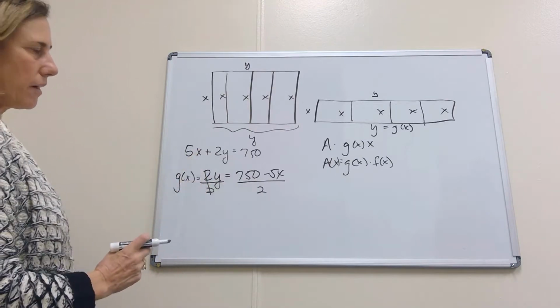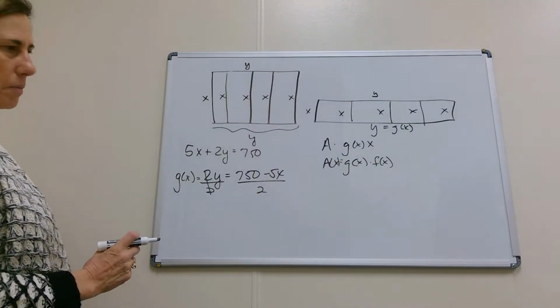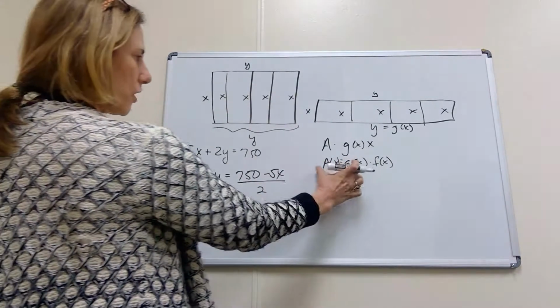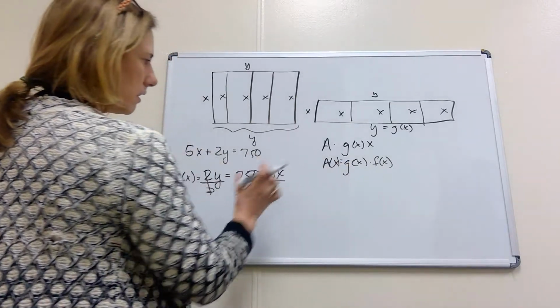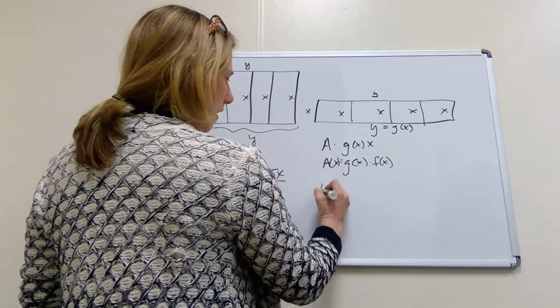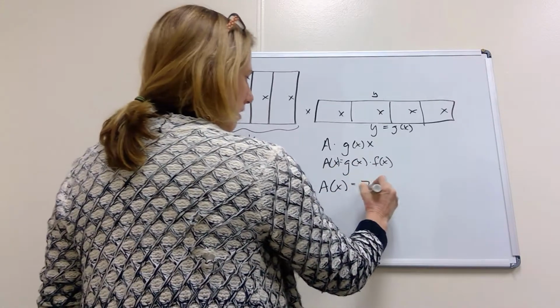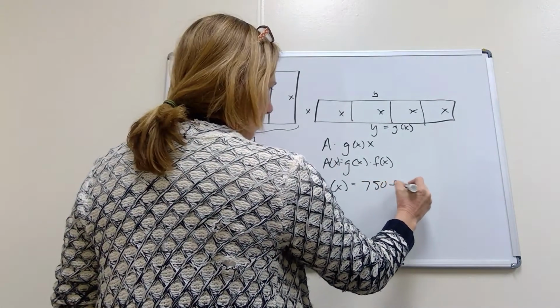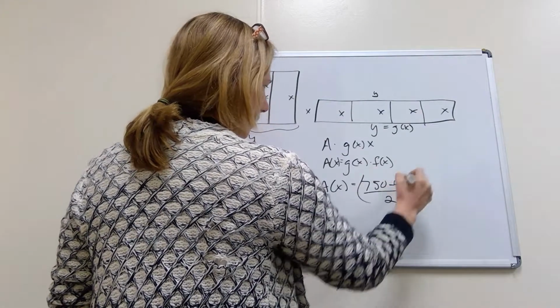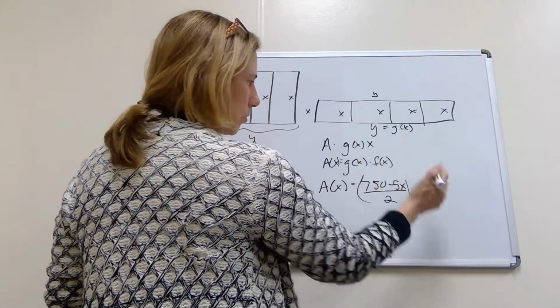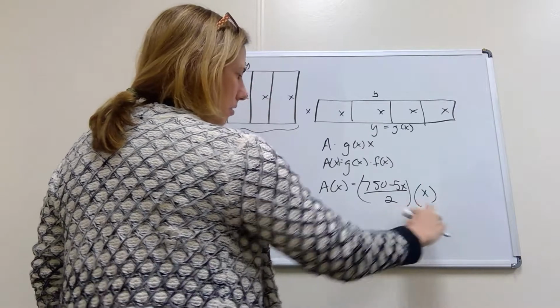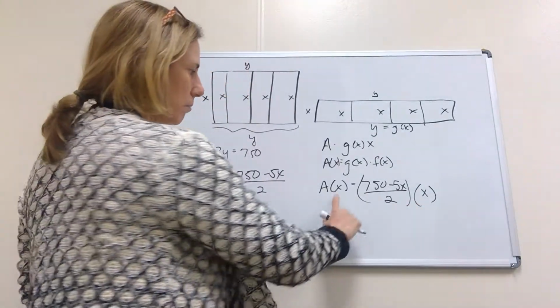So now the next thing we want to do, algebraically speaking, is to transfer this area formula into just X. So we have the area of X is equal to G of X, which is this, 750 minus 5X over 2 times F of X, which is just X. So this is basically our parabola.